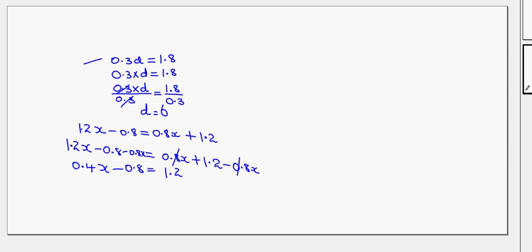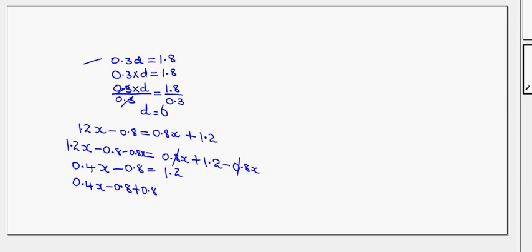And you end up with 1.2. So what do we do now? We're going to get rid of the minus 0.8. And then we're going to get rid of the 0.4. How do we get rid of the minus 0.8? Add it. You do the opposite of what is there. What is there is minus, so I'm going to do the opposite of minus, which is plus.